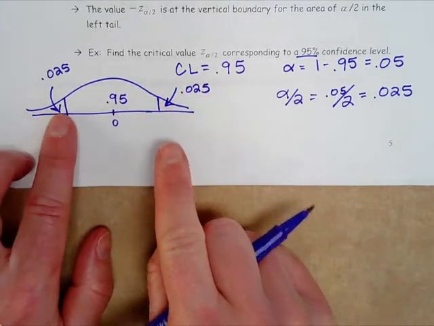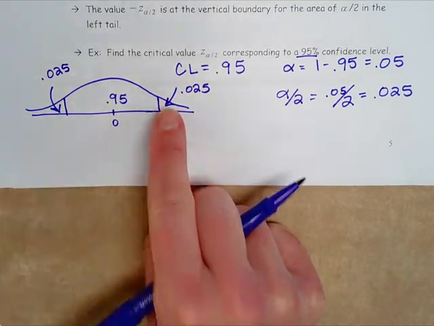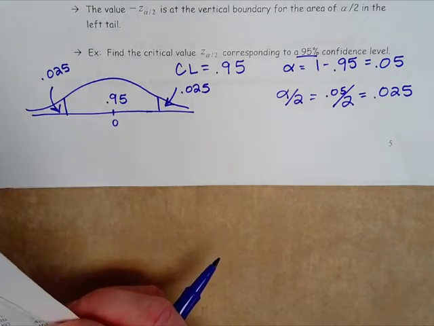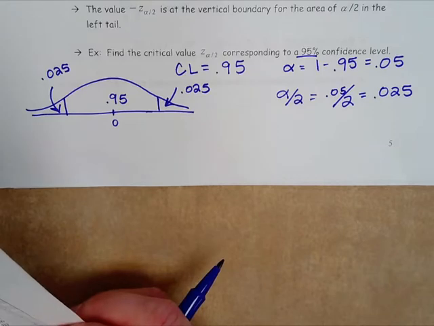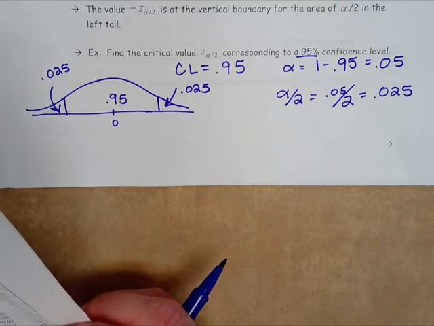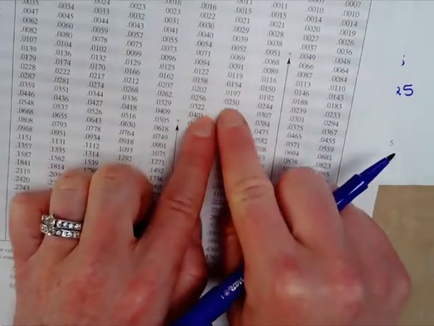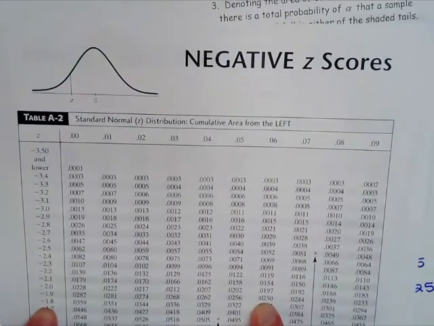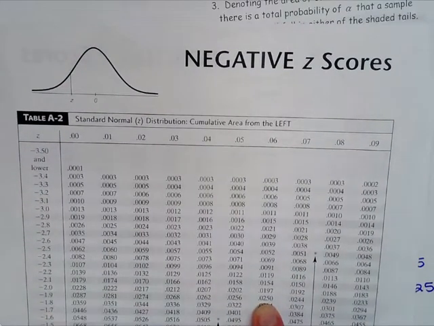So this one will be negative, this one will be positive. So if we look for 0.025, we can find it right here. So I'm looking to the left, at negative z-scores, because that's an easier one.